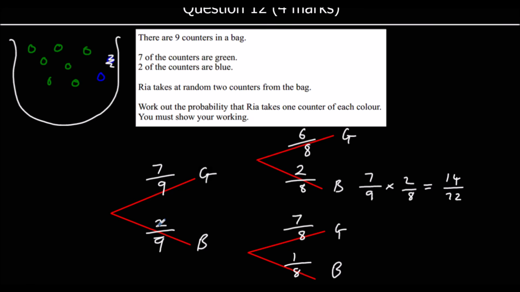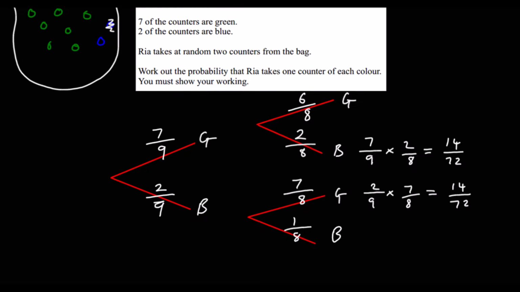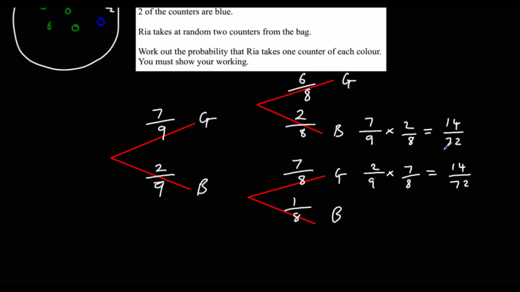And for blue-green, 2/9 times 7/8 is again 14 out of 72. So probability of getting one of each color, we add these two together, 14 out of 72 plus another 14 out of 72 is 28 out of 72.